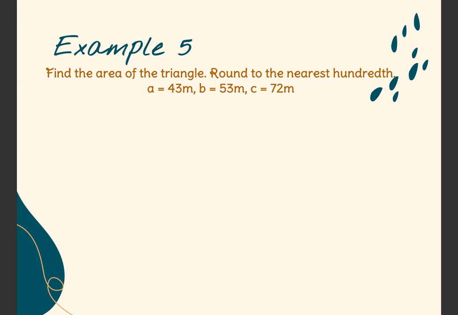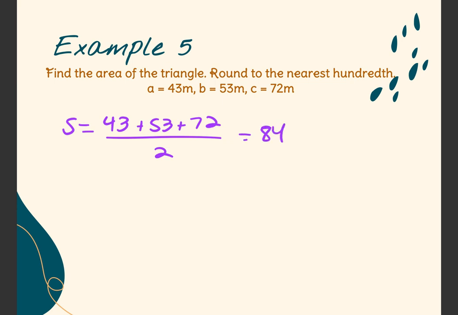So A is 43, B is 53, C is 72. S would equal A plus B plus C divided by 2. So 43 plus 53 plus 72 divided by 2, which is 84. If it was not a whole number, I would keep the whole decimal.